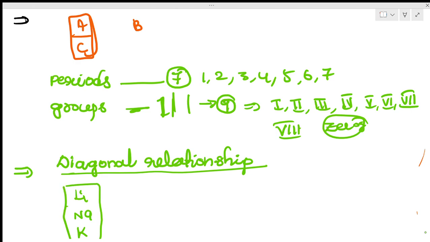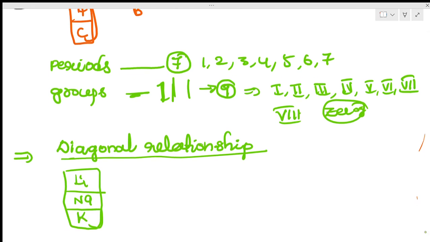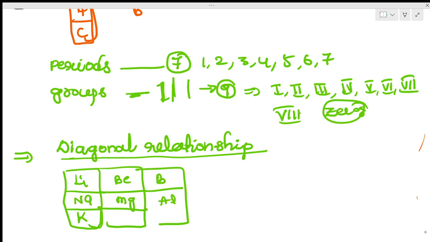Because their chemical properties are the same, along with increasing atomic mass; they undergo the same chemical reactions. Similarly, beryllium and magnesium are in another group. Next, boron and aluminum are in another group.